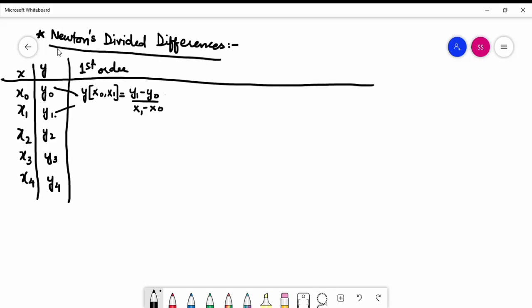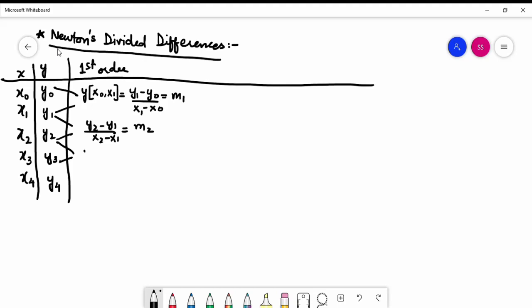When we calculate it, let this one be m1, because that is a constant. If you want to calculate the divided difference between y1 and y2, it is y2 minus y1 divided by x2 minus x1, and let it be m2.